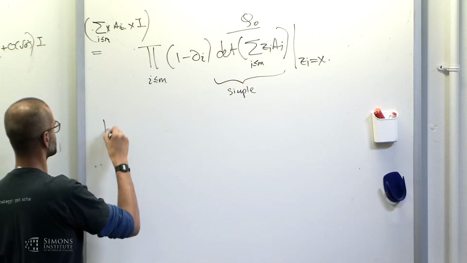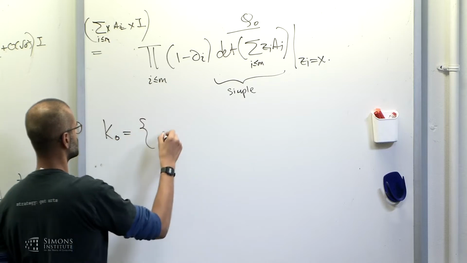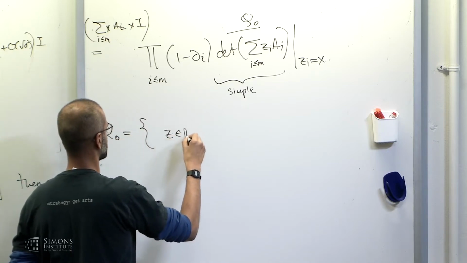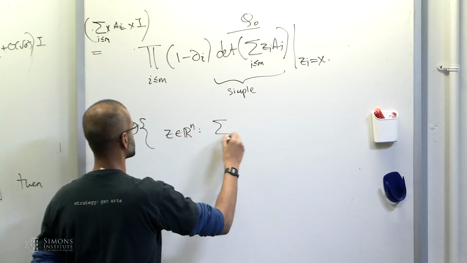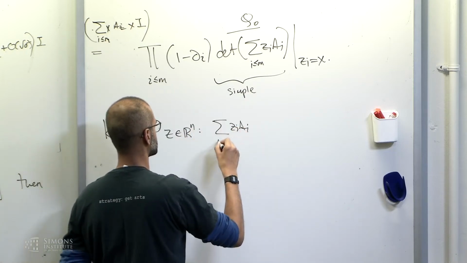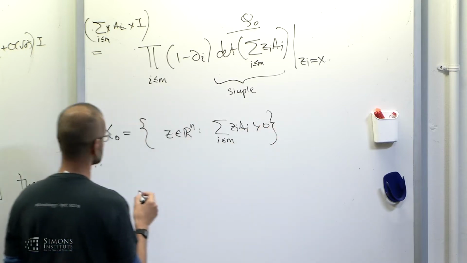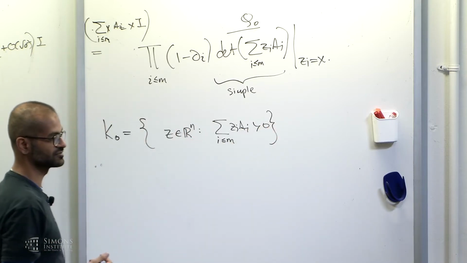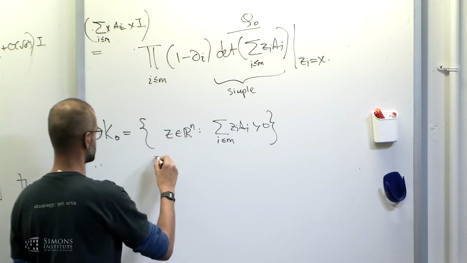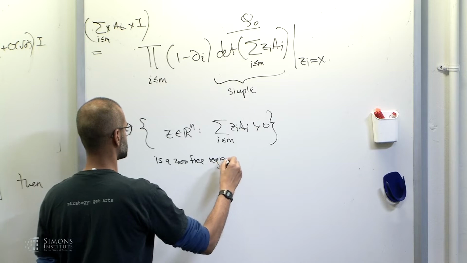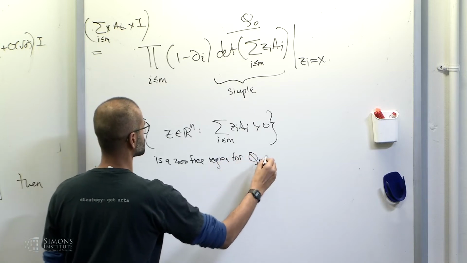Why? Well, observe that the set K naught, which is the set of all z in Rn, so that summation zi ai is positive definite. Okay, so this is a section of a positive semi-definite cone. This is a zero-free region for Q naught.